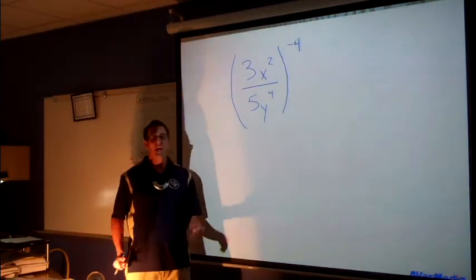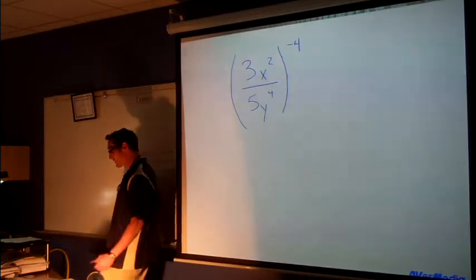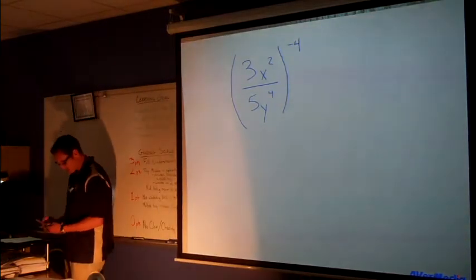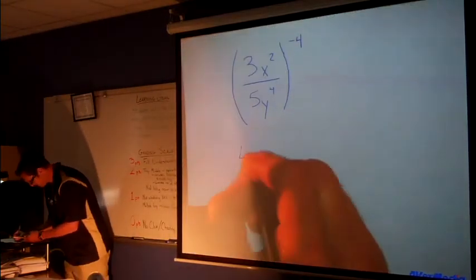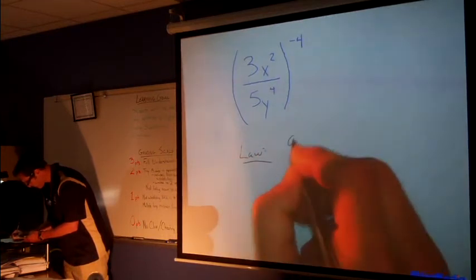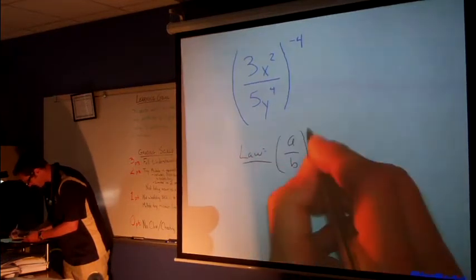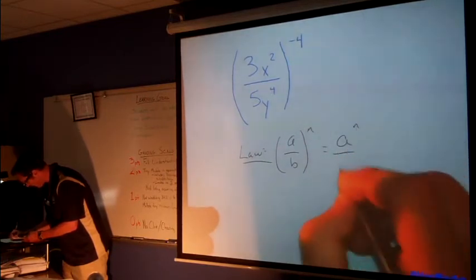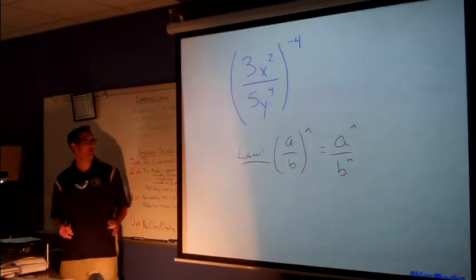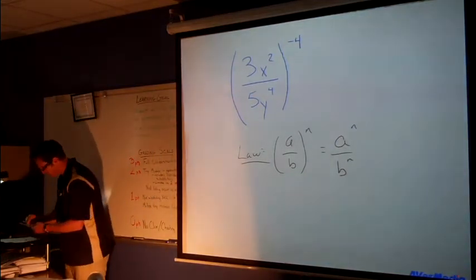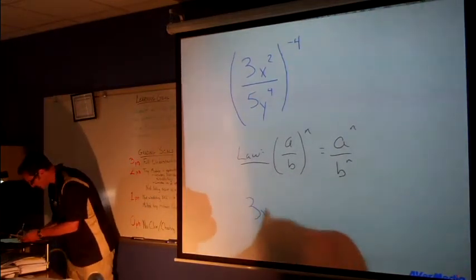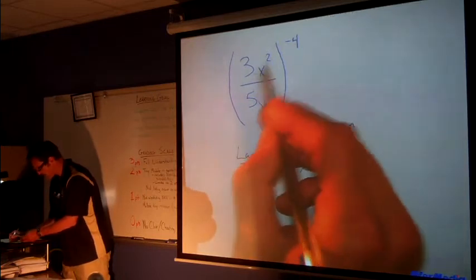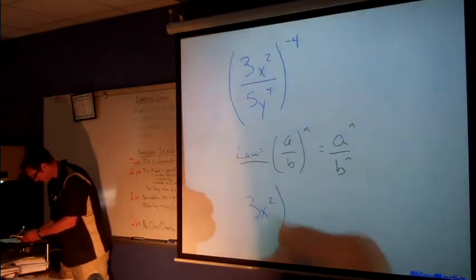But the first thing I'm going to do is use that latest law that we used, and the latest law is quotient to a power. I'm going to use that law first, that if I have something big being raised to a power, the power gets applied to both the top and the bottom. I'm going to do that first. So I'm going to end up with 3x squared, just this top part, and that part raised to the negative 4.